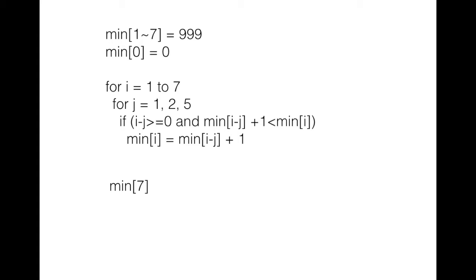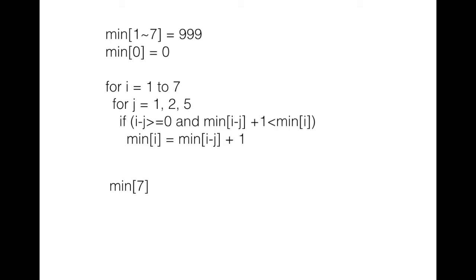And as long as you can find a previous state, and that state plus the cash value could achieve the number i, then you can make a decision, right? So if the previous state plus 1 cash note is less than your current best solution, then you can just update that.